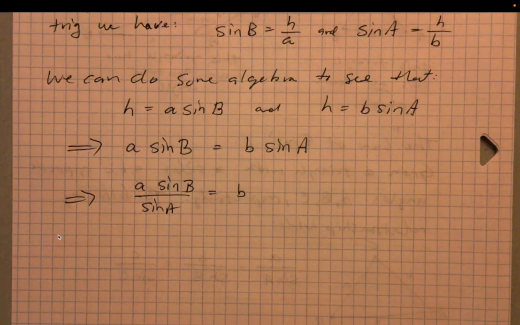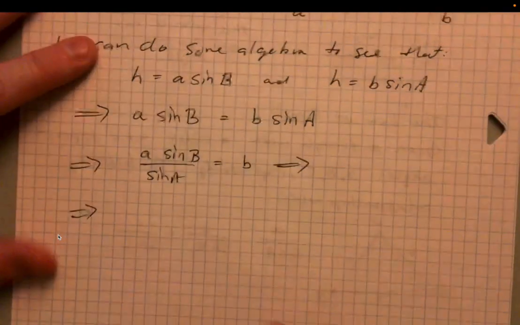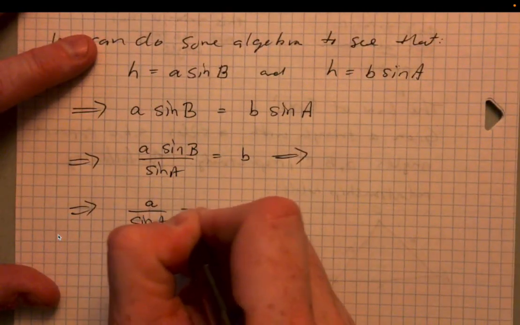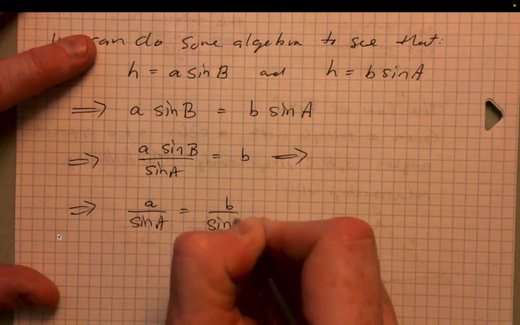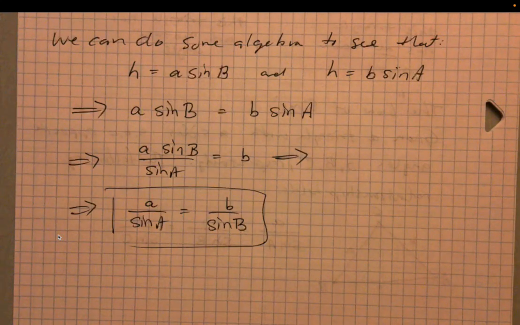I can divide both sides by sine of b as well, and I get a over sine of a equals b over sine of b, which is exactly what is stated in the law of sines. So we've got this relationship established for two of the three sides and angles.